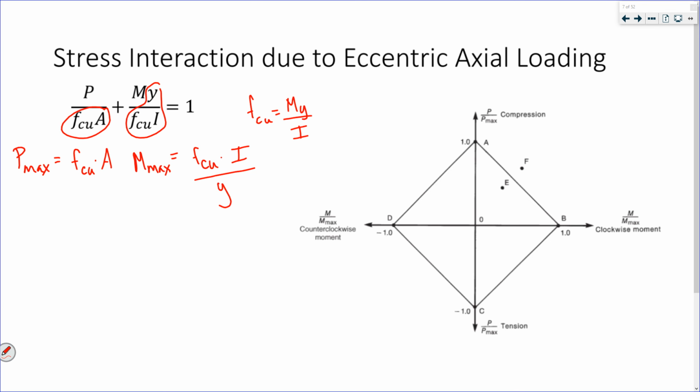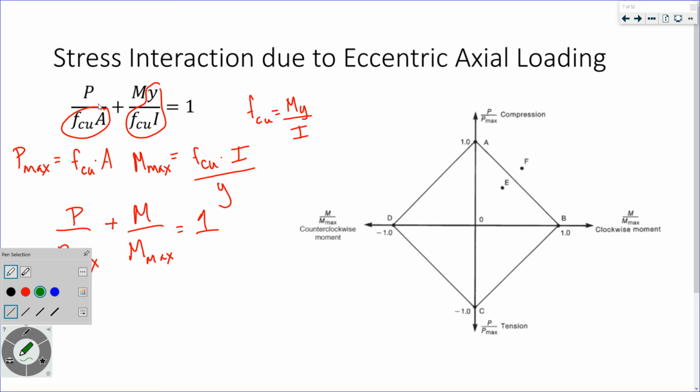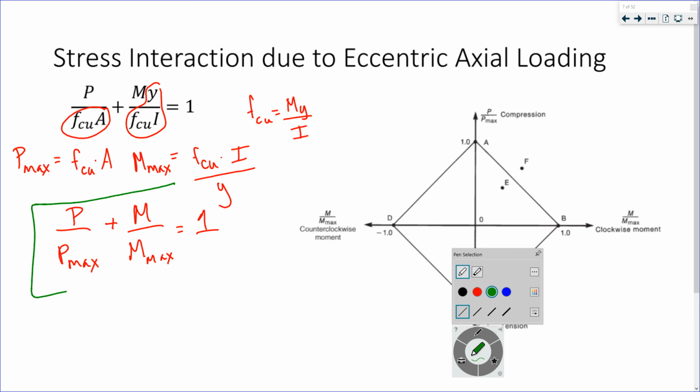So if I rewrite that equation up at the top, P over P max plus M over M max equals 1 is what is graphed on the other side.